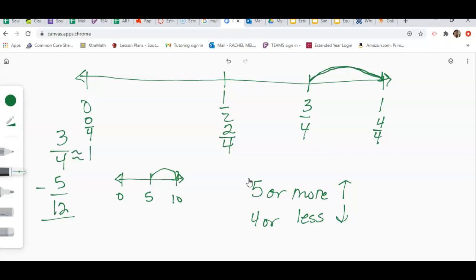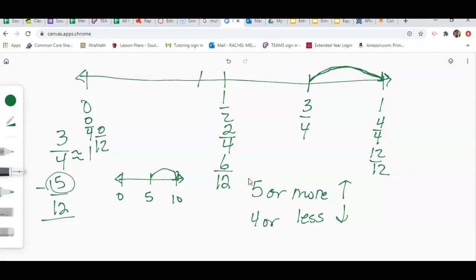Okay. Now let's think about the 12. So this would be 0/12, 12/12. And what is half of 12? 6/12. Okay. So where does the 5 go? I have a 0, a 6, and a 12.